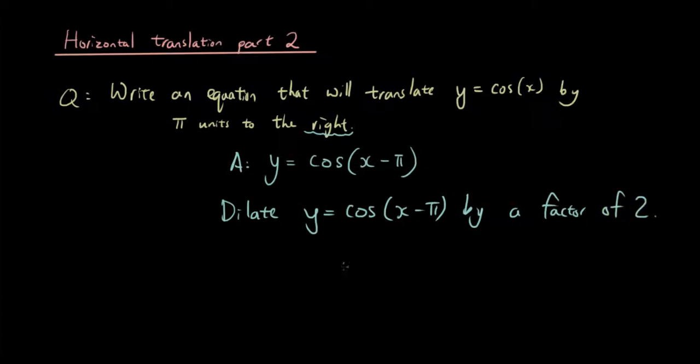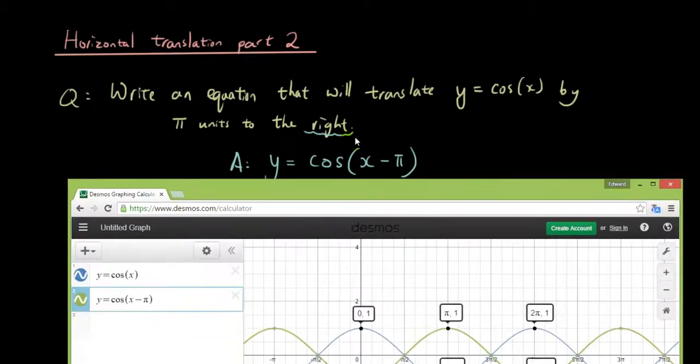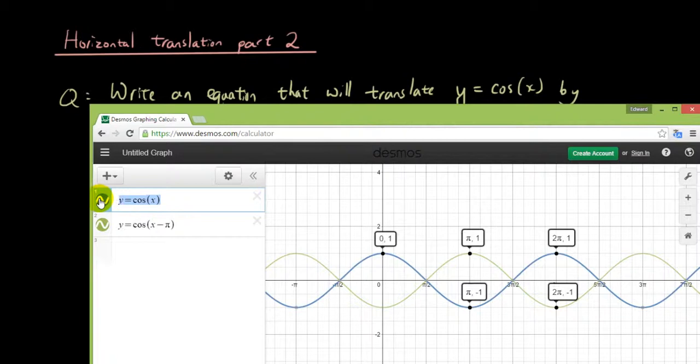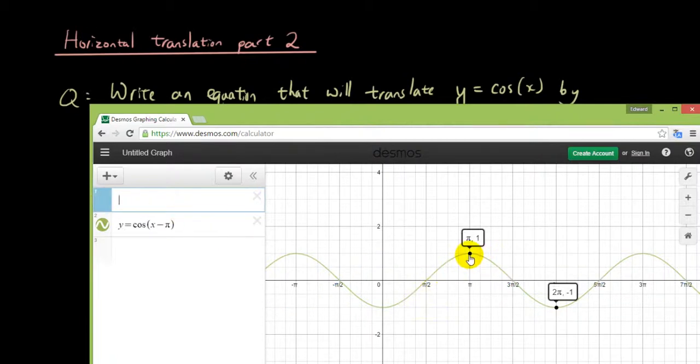I'm going to get rid of the original one. The curve, instead of having a period of 2 pi, is going to be compressed horizontally. So instead of one wave taking the space of 2 pi units horizontally, it's only going to take pi units. So the curve is going to look like this: down up within 2 pi units.